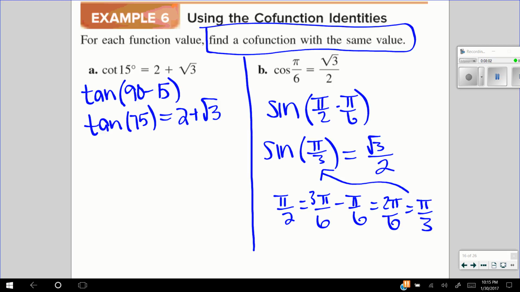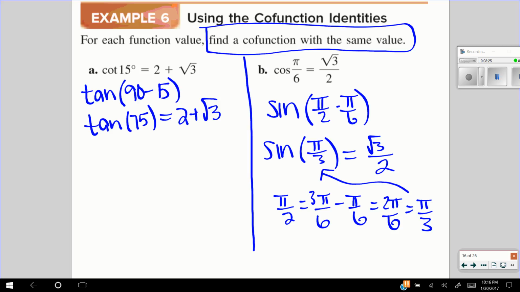So that's kind of the long way of doing it, but you should really start to know pi is 180. Pi over 2 then is 90. Pi over 4 is 45. Pi over 6 is 30. Pi over 3 is 60. Those ones you really, really should know just off the top of your head to help you do problems like this.